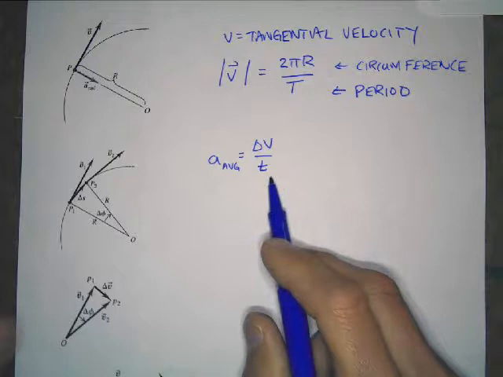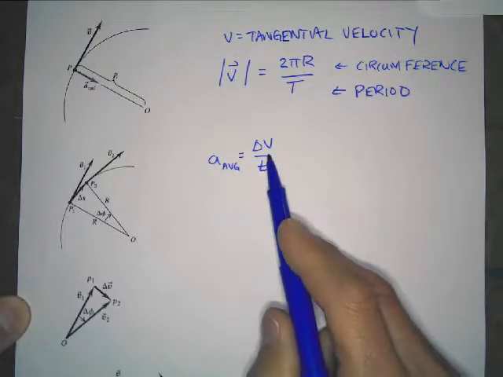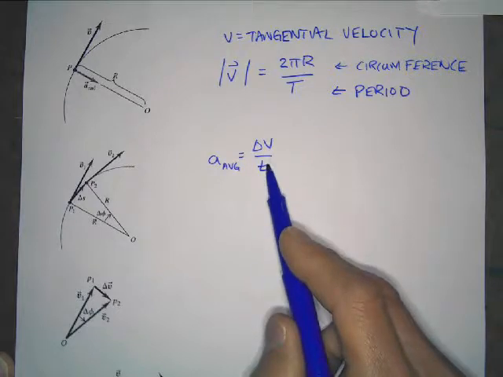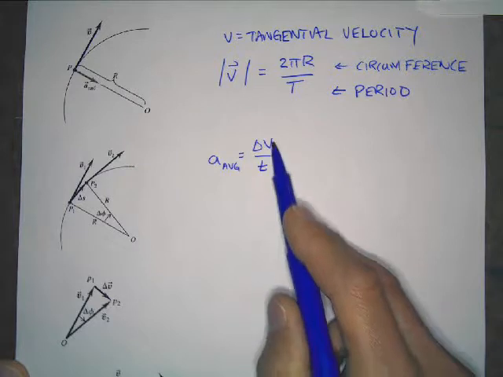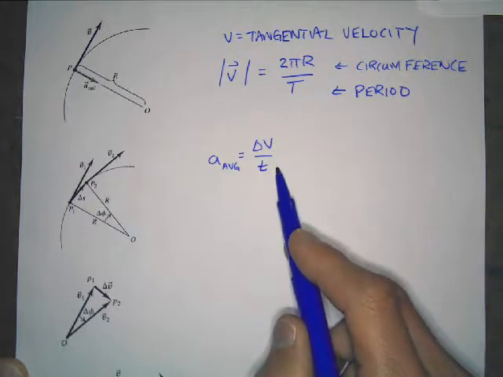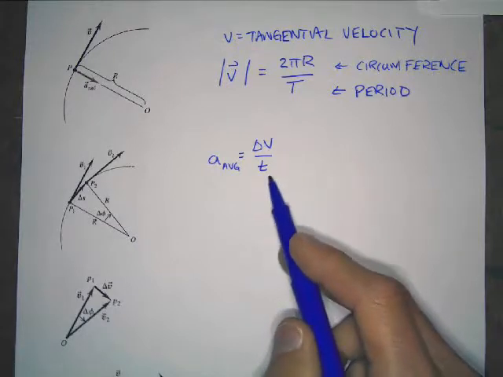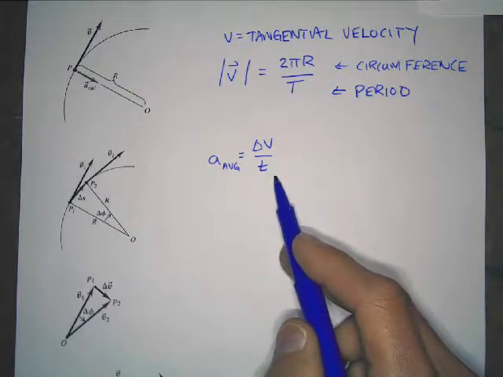This is kind of strange because you're probably thinking, well, I thought we said there was no change in the object's speed, so how is this going to work? And this is kind of where the magic of vectors comes in, because there is a change in velocity that you can use in this formula, and that's going to give us the formula that we're looking for at the end of the day.